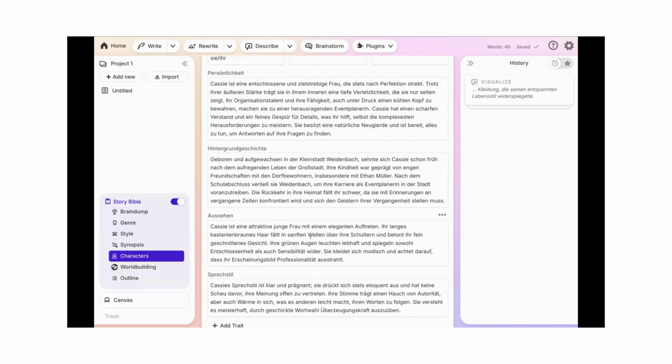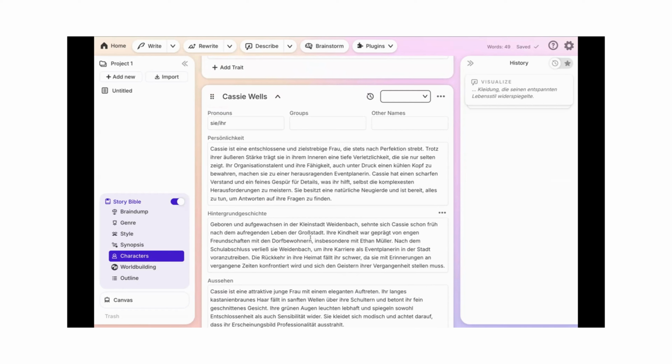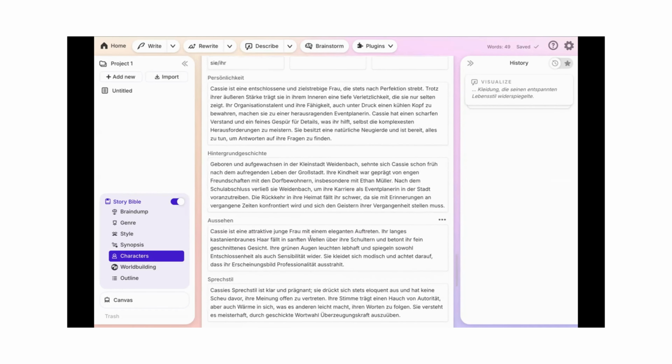Cassie is an attractive woman with an elegant posture. Oh my goodness, what's Kastanienbraun? Oh, that's just chestnut brown. Chestnut, yes, chestnut brown hair. What's her last name? Cassie Wells. That was already in the synopsis, so it didn't come up with a funny German last name.